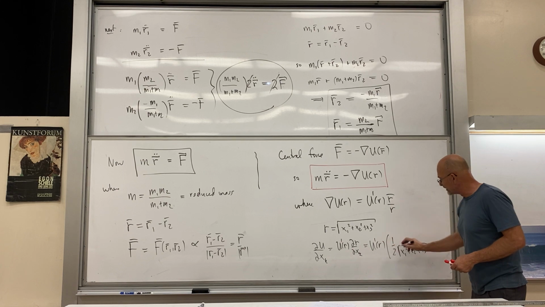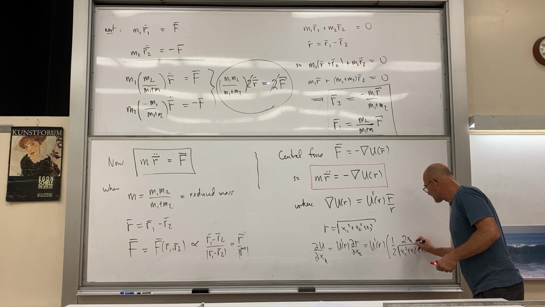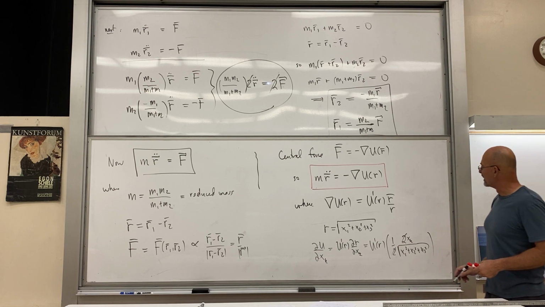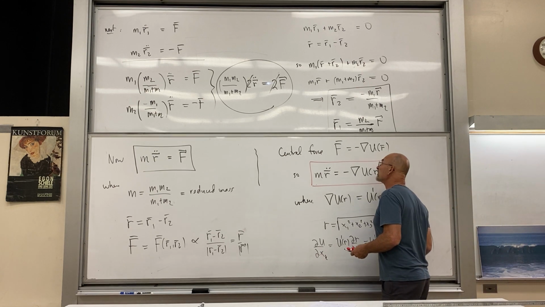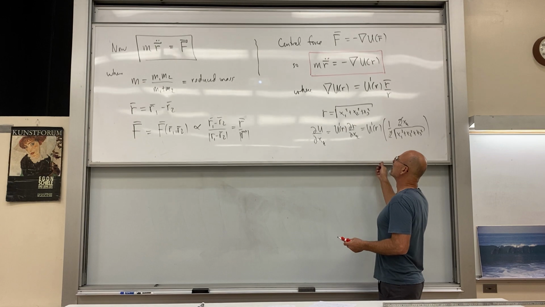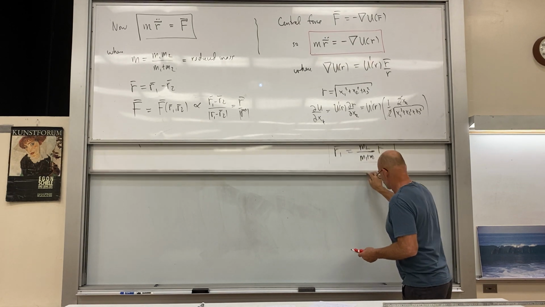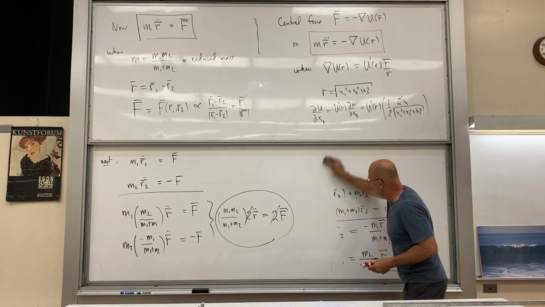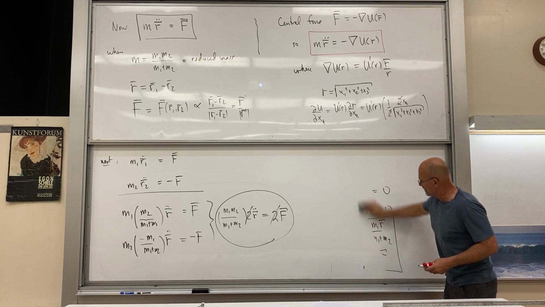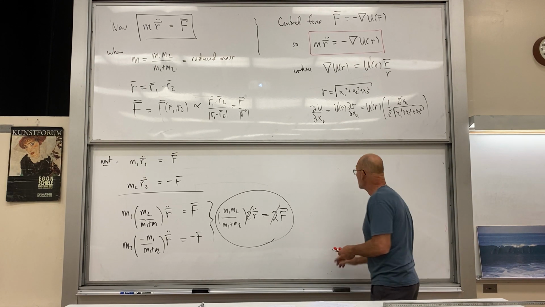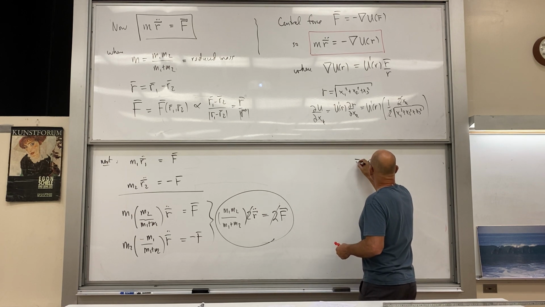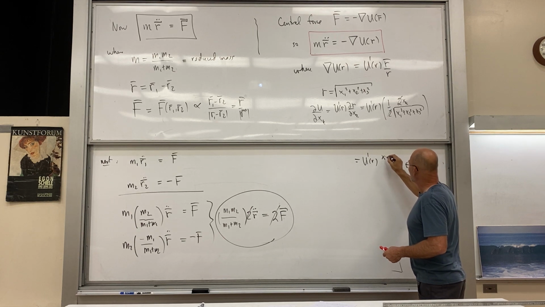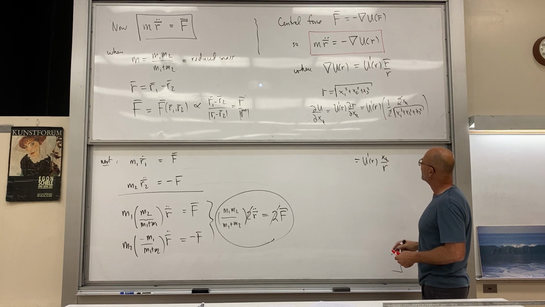And then the inner derivative here is going to be 2x sub k. 2's canceled. Continuing, so we'll have the u prime of r, and then this thing here is x sub k over r.